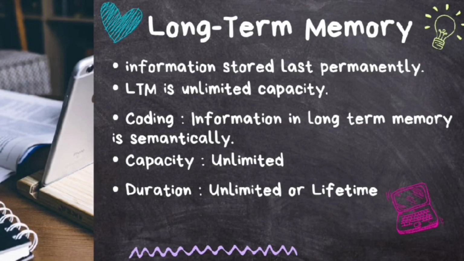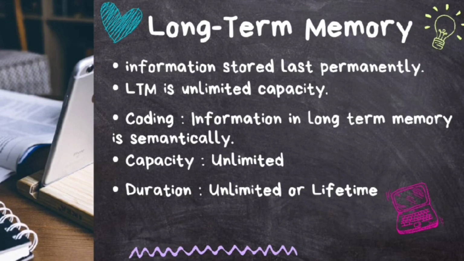Coding. Information in long-term memory is stored semantically. Basically, it means meaningful connections to understanding and conceptual facts about the world. Capacity. It is unlimited due to the fact that no limit has been found to the amount of information that can be stored in long-term memory.